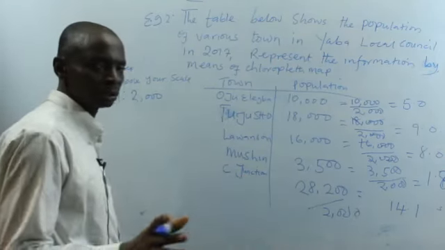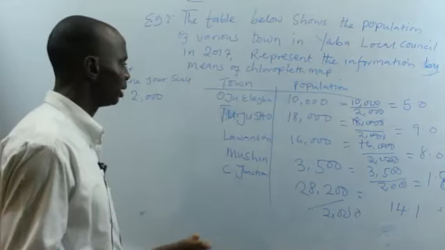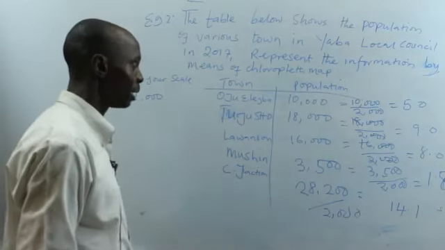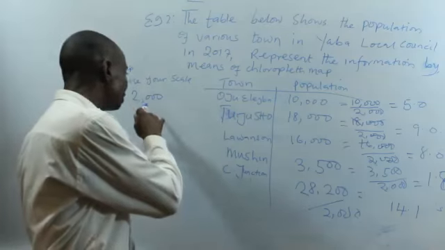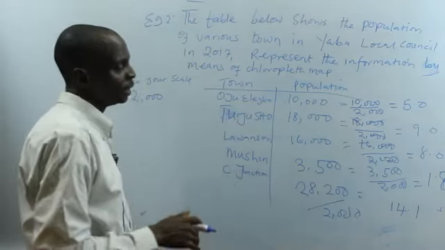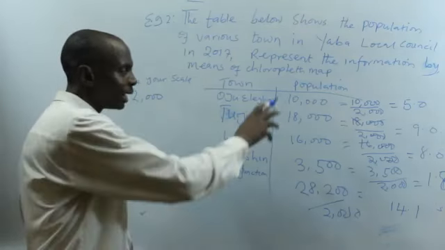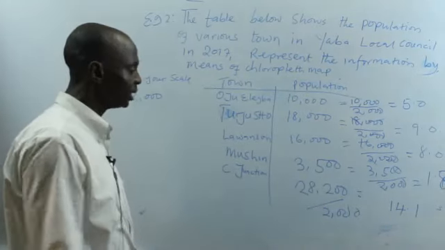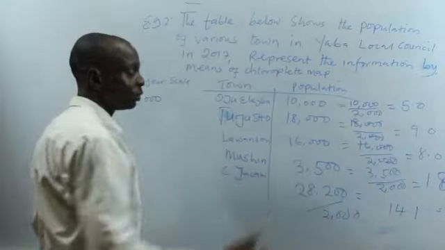There is one thing I want us to understand before we represent this in a Choropleth map. In your choice of scale, the first thing you should do is look at the figure given. Here the least one is 3,500.